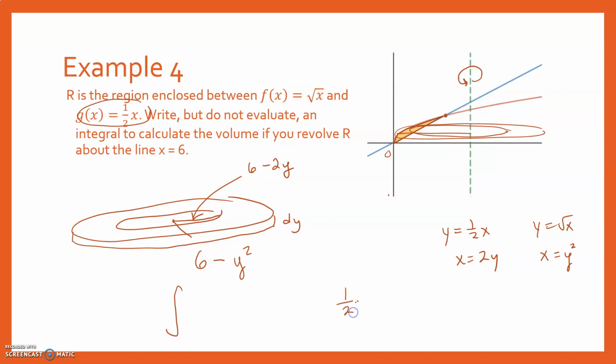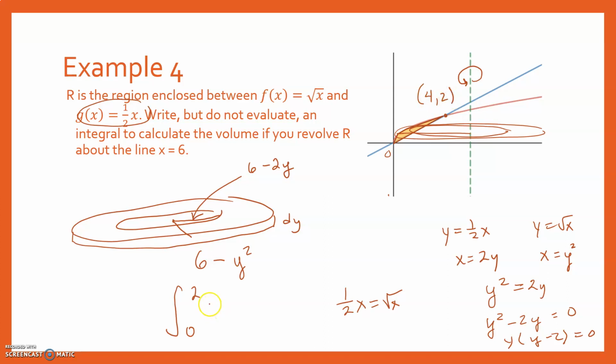So we have 1/2 x is equal to square root of x. Or maybe, and I think this might actually be easier, y squared is equal to 2y. So y squared minus 2y is equal to 0. So y is equal to 2. So we're going from 0 to 2. This point right here is (4, 2).